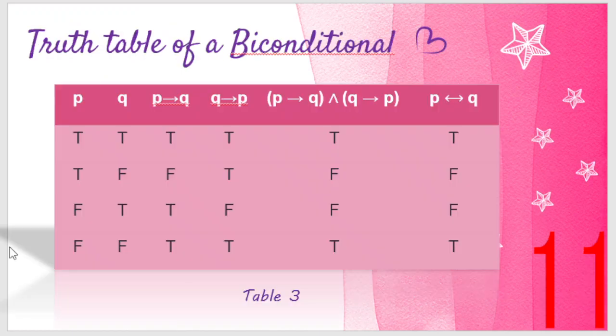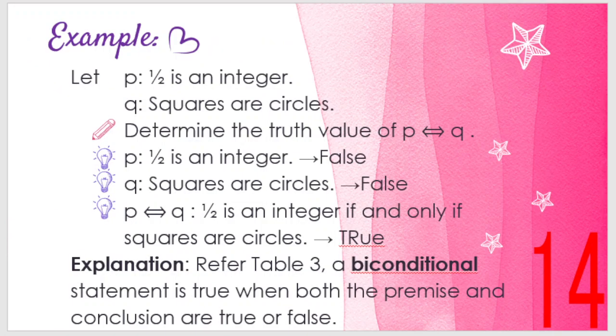With false and false, P implies Q and Q implies P are both true. Therefore, our biconditional, P if and only if Q, is true. So that is how we get the truth value of a biconditional.